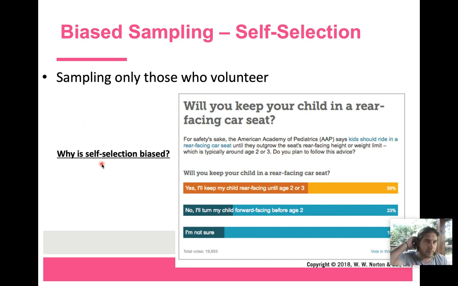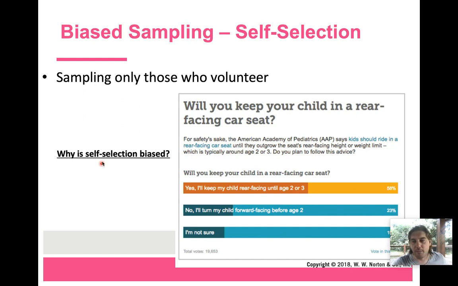It's if you've ever been to a website and you get a little pop-up window that's like, hey, would you mind giving us your thoughts on this? It's the Amazon review phenomenon. It's people who are self-selecting. They're choosing to volunteer to participate in such a way as they are going to be different from other people.